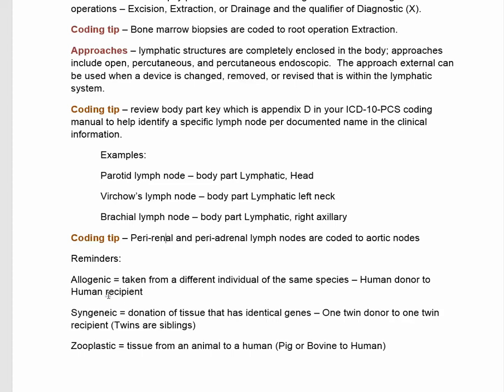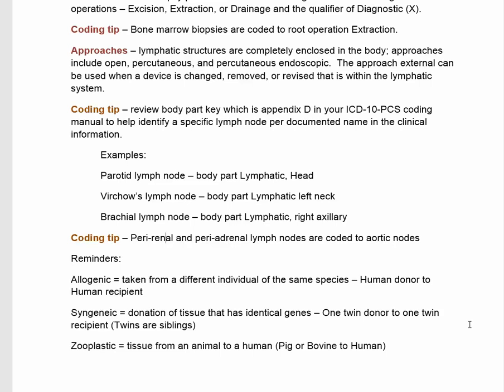Also, as another reminder, because we do have some of this in terms of bone marrow and transplants, remember your definitions of allogenic, syngeneic, and xenoplastic. We had this earlier back in chapter 3 or 4, I believe. Allogenic, as a reminder, is a human donating to another human.